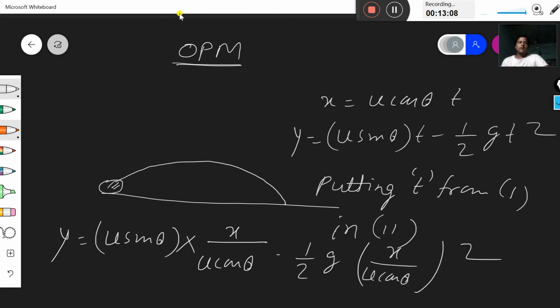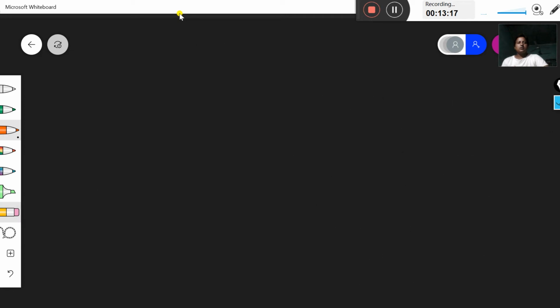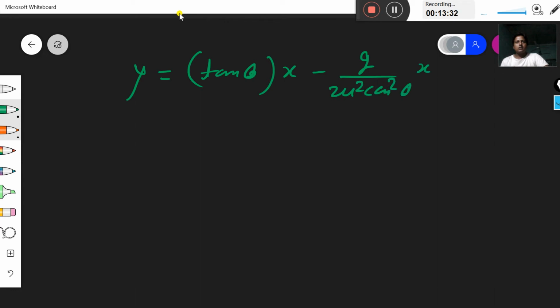So u gets cancelled. So we get an equation. We get equation y equals to tan theta into x minus g over 2u square cos square theta into x square.